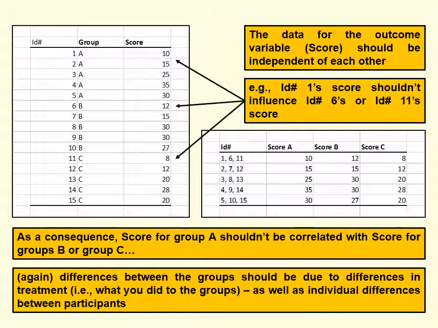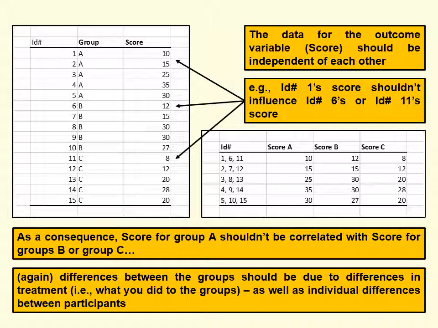Recall that it may be the case that the scores on average in group C are much lower than those in group A and B. That's hopefully due to something that is different in terms of our treatment of group C than group A or B. They got some different medication or they got some sort of different psychotherapy, but it can also have something to do with the fact that maybe there are just individual differences among the people such that those who ended up in group C tended to be naturally lower in whatever measure we're making.